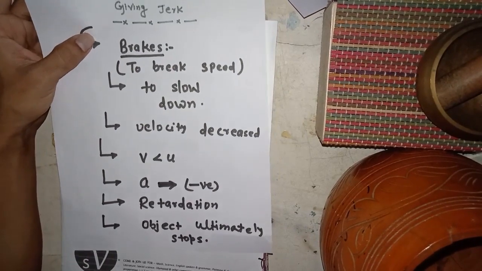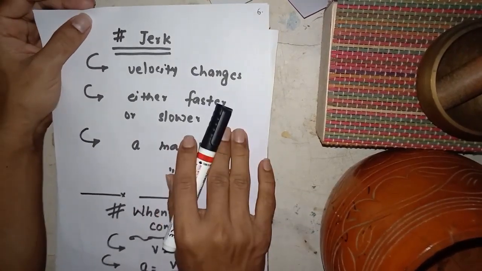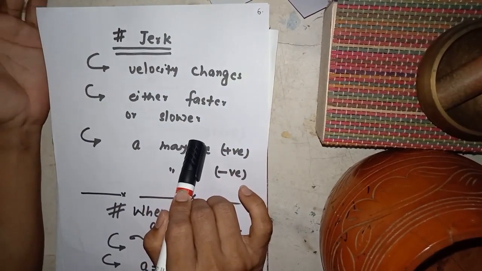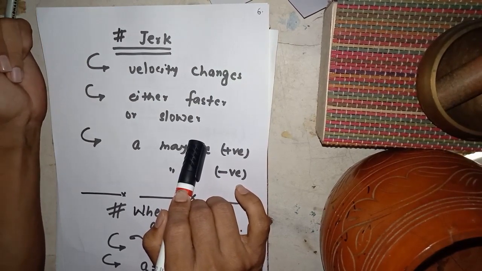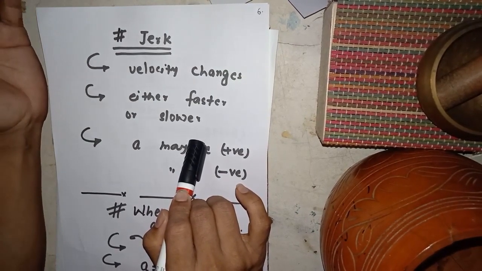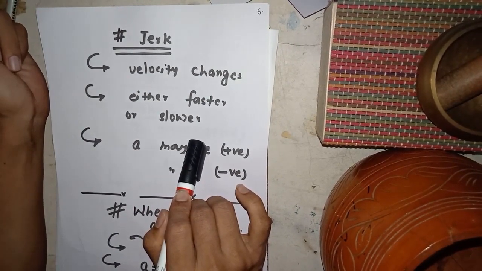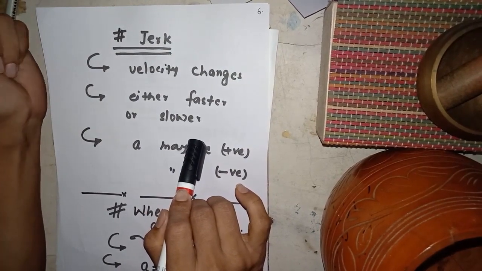But in the case of jerks, velocity may change, either faster or slower. It depends on the jerk. If the jerk is given in the same direction as the bus is moving, then the speed increases. If the jerk is given in the opposite direction, the bus decreases its speed.